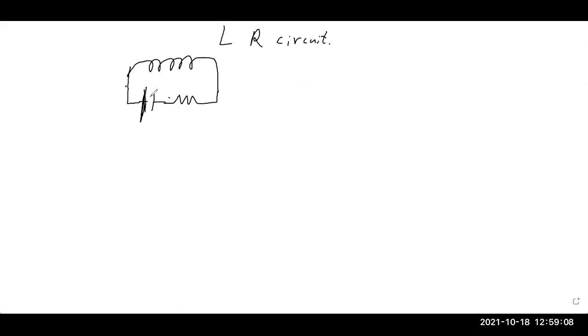So if you had a circuit that was just this, it would already be running, but if you put in a switch, so it doesn't start from a high current, what's going to happen when the switch is closed? At that moment, there's no current.